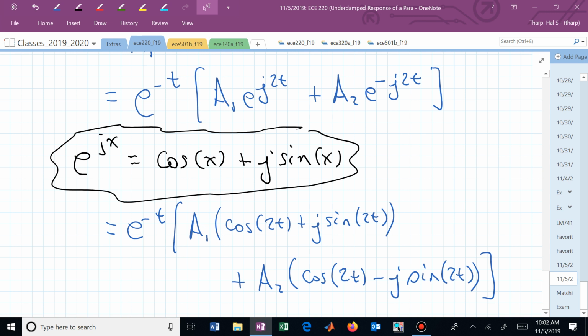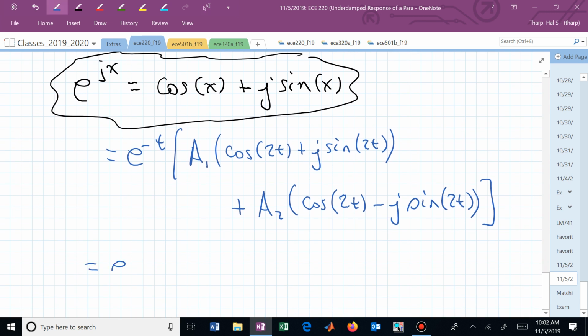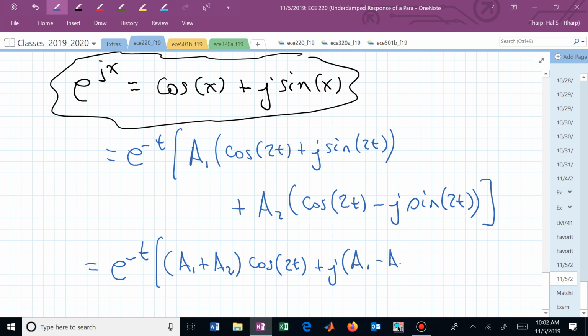Let's now combine the real part and the imaginary parts of this expression, so that now we have e to the minus t, which hasn't changed, times a1 plus a2 times cosine of 2t, plus j times a1 minus a2 times sine of 2t.